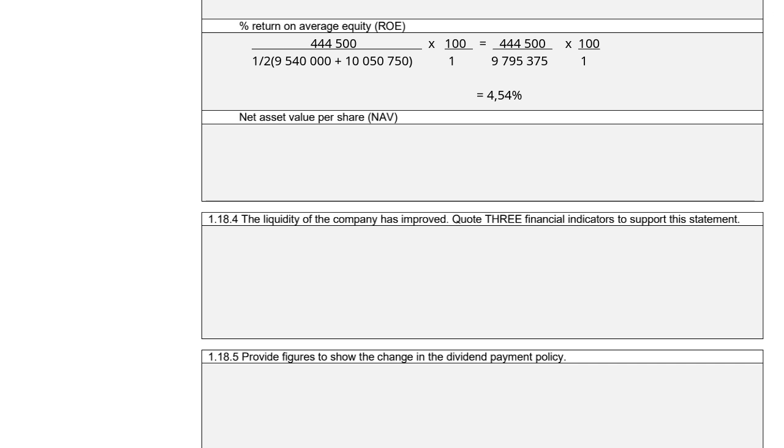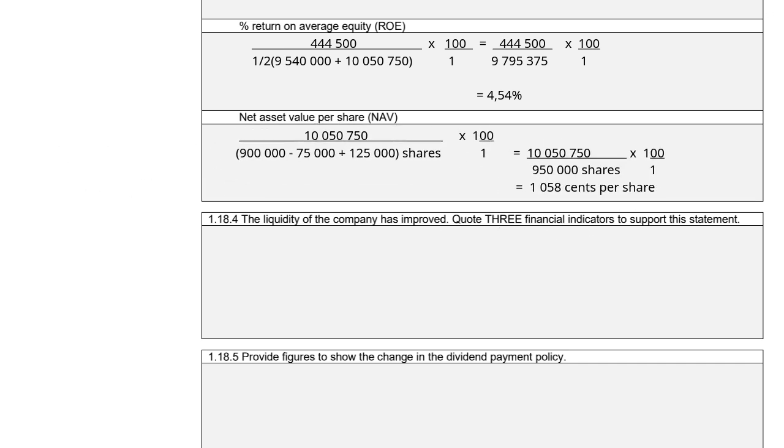And our shareholders' equity for 2025 is 10,050,750. So it's going to be 10,050,750 divided by 950,000 shares times 100/1 to give you 1,058 cents per share.